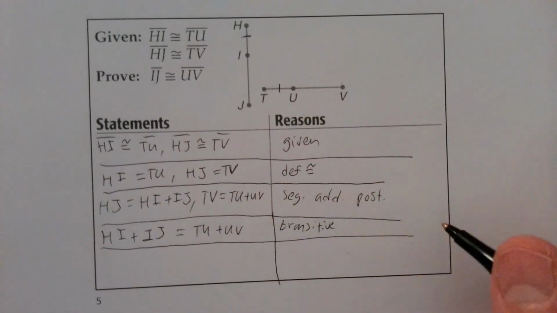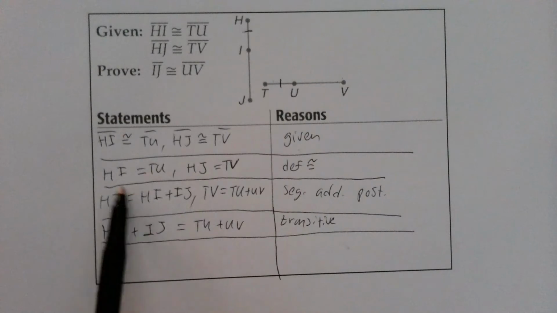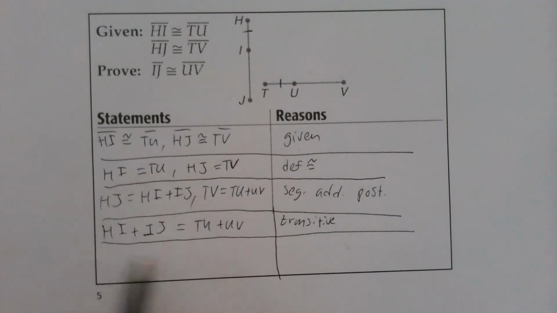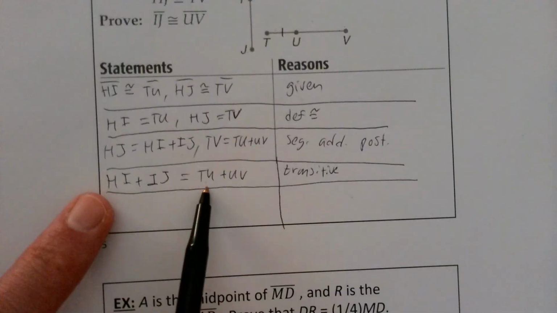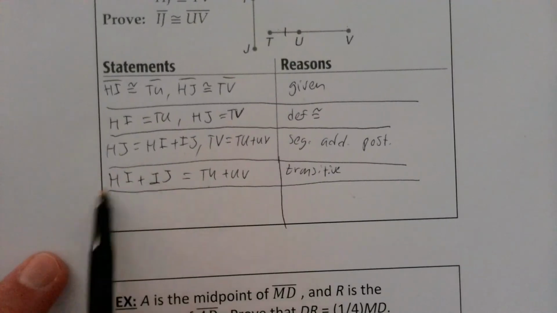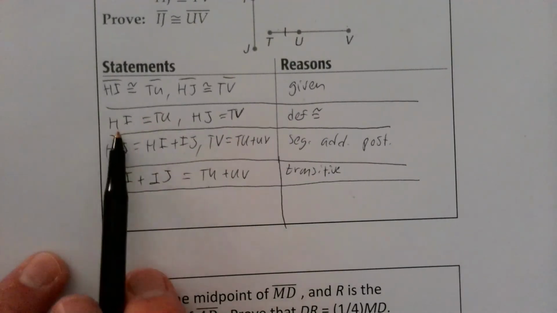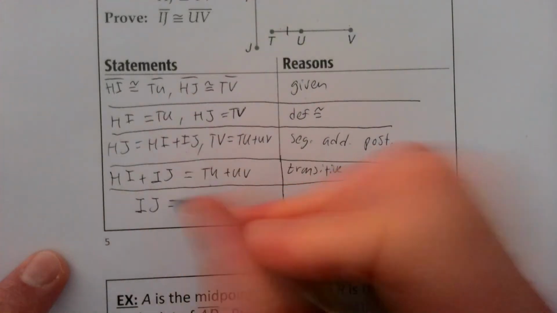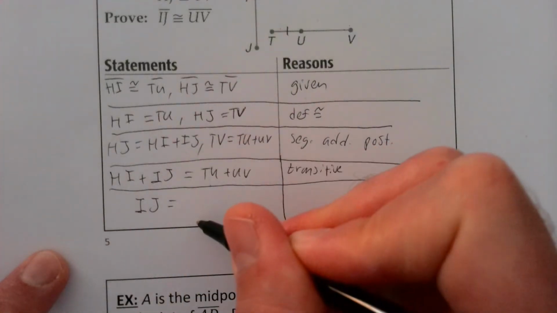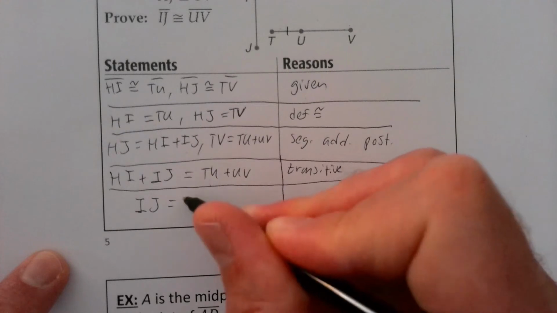And one thing we already have here is HI and TU are the same. So since those are equal, I can subtract that same amount on both sides. So I'm going to subtract from the left and from the right the same value, HI and TU. By subtraction, I get IJ equals UV.